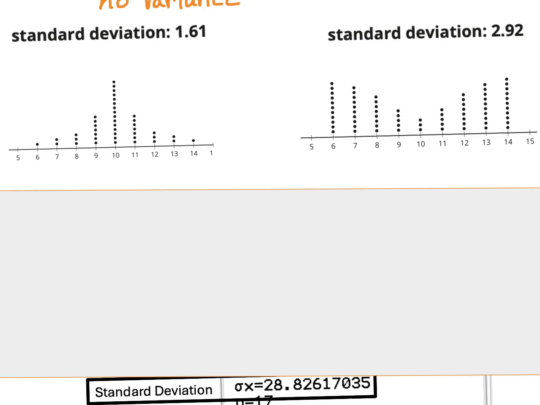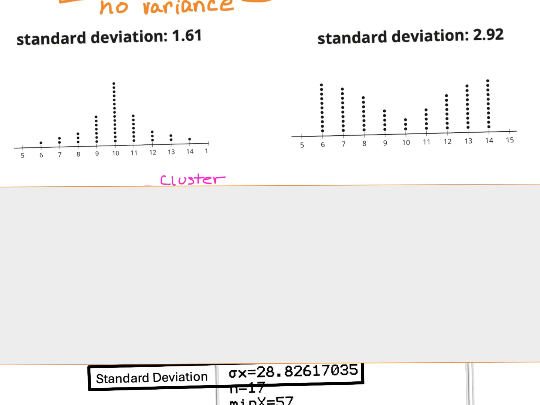Now let's look at and compare two more dot plots. And you'll see that the first dot plot, again, has this cluster of data, and it's clustered around the center. Whereas the other dot plot has data kind of here in clusters out to the side.